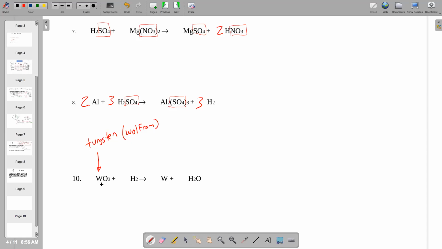Tungsten has the highest melting point of all metals. That's why it's chosen for filaments in light bulbs, because you pass huge amounts of electric current through it and get that wire to be stupid hot, and then it gives off tons of light, and it doesn't melt.